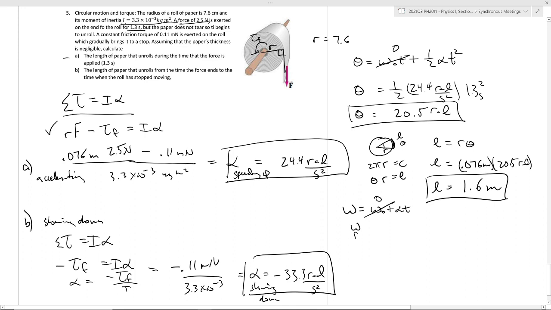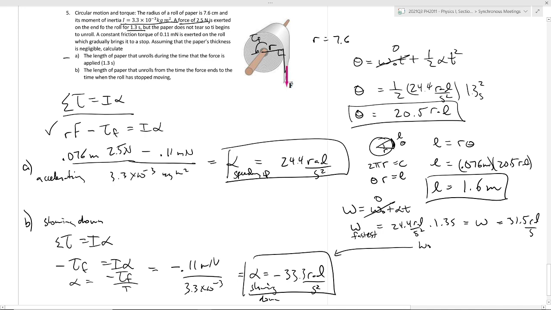And so you could think of this as the fastest omega that it got to would have been this 24.4 times our 1.3 seconds. And what would that be? 31.5. So that omega becomes the omega naught for part B.